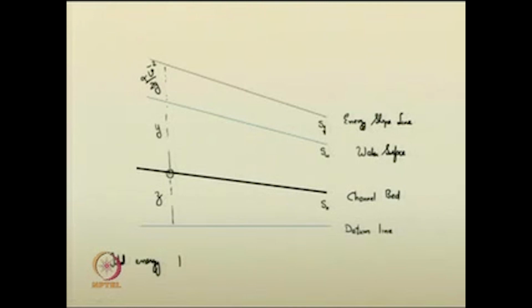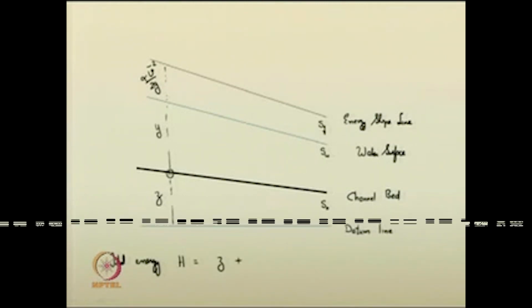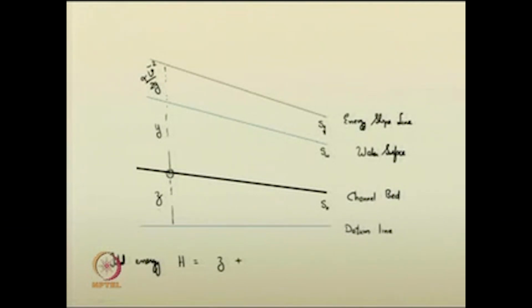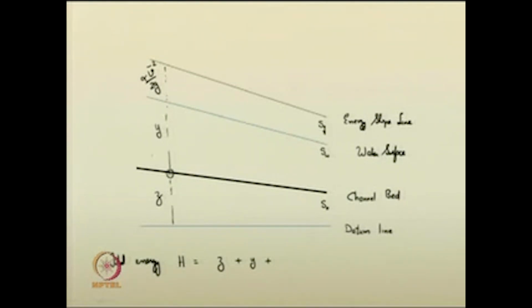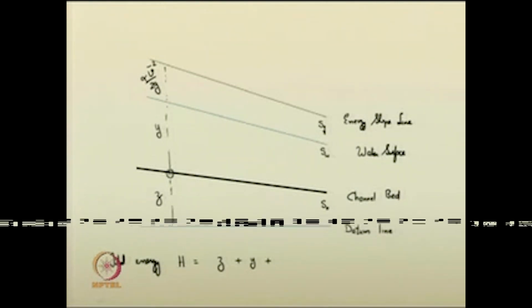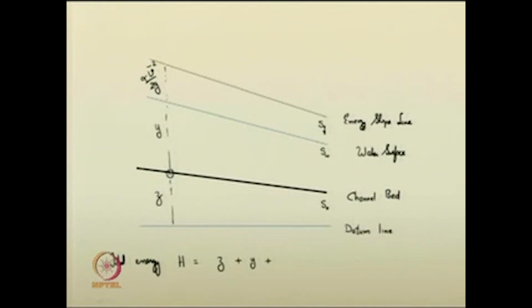Total energy H at any section is equal to the datum head, small z, plus the elevation of water. Please note why it is the elevation of water. We are dealing with flow in open channels where the pressure is in hydrostatic condition.